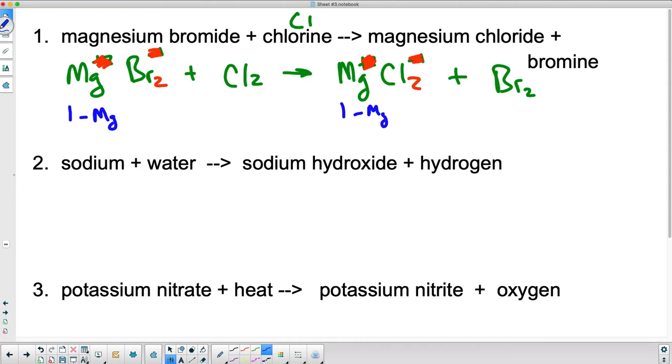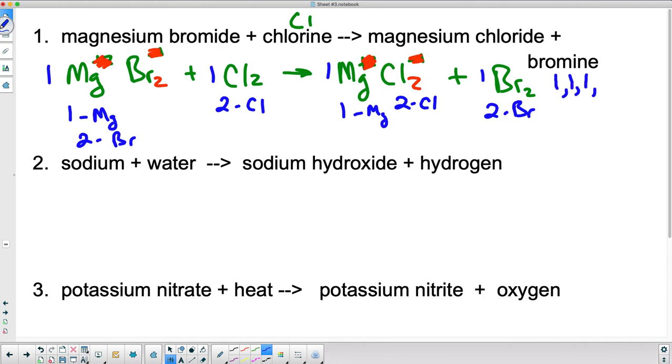I have 2 Brs on this side and 2 Brs on this side, and I have 2 Cls on this side and 2 Cls. So actually this is all balanced. Some people like to put a 1 in front. You won't after a little bit, but you can show that it's all balanced with a 1, 1, 1 like that. And that means the numbers in front of each of the parts of the equation. Okay, so we're all finished with that.